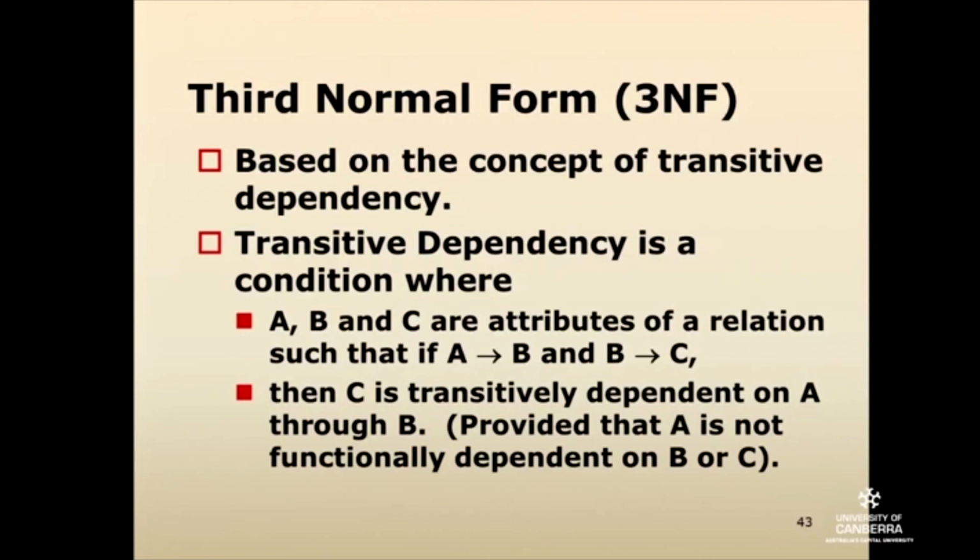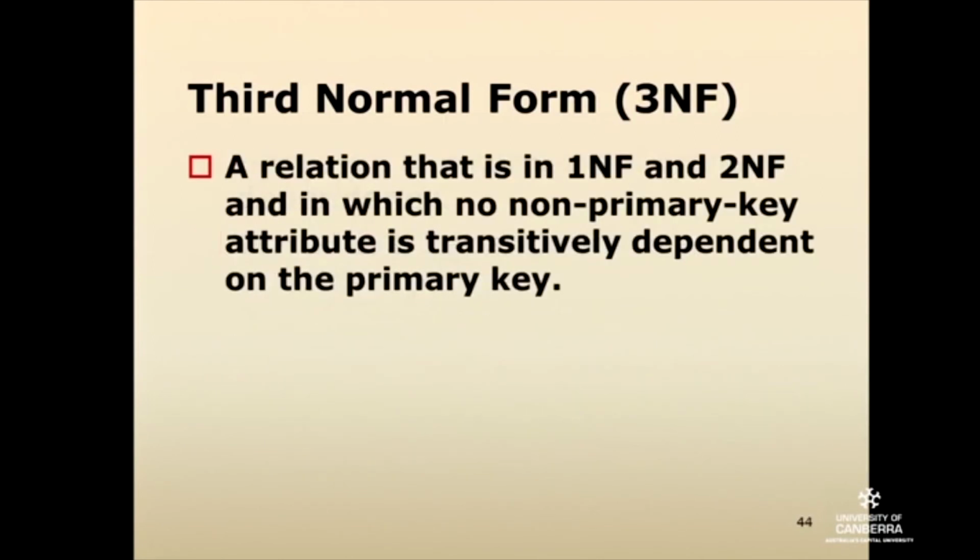If it can, then you have to remove it. You have to remove the other attribute that it can determine and create a new table. All right. So you're in the third normal form with your design if it is in the first normal form, second normal form, and any attribute that's not a primary key in an entity cannot determine the value of any other attribute.